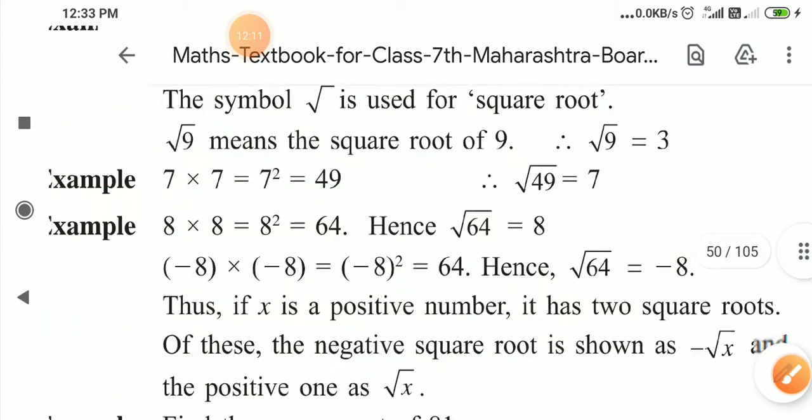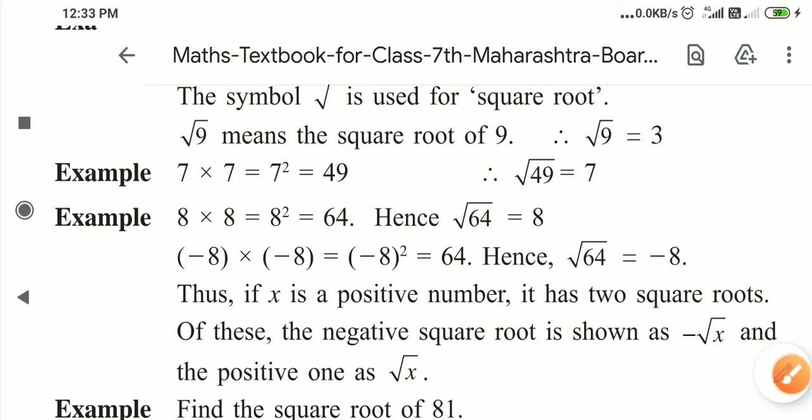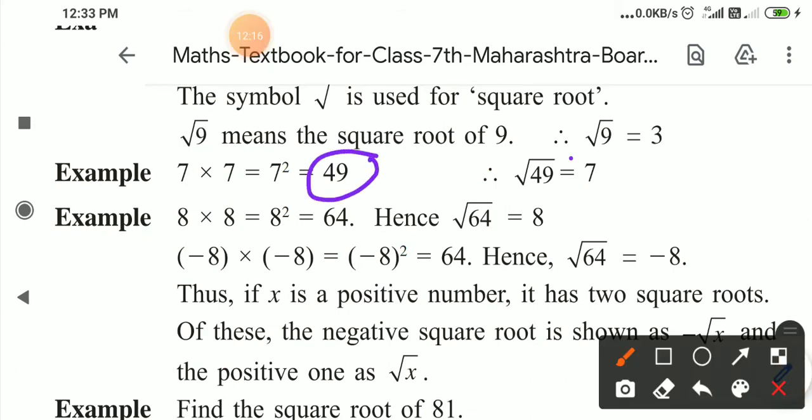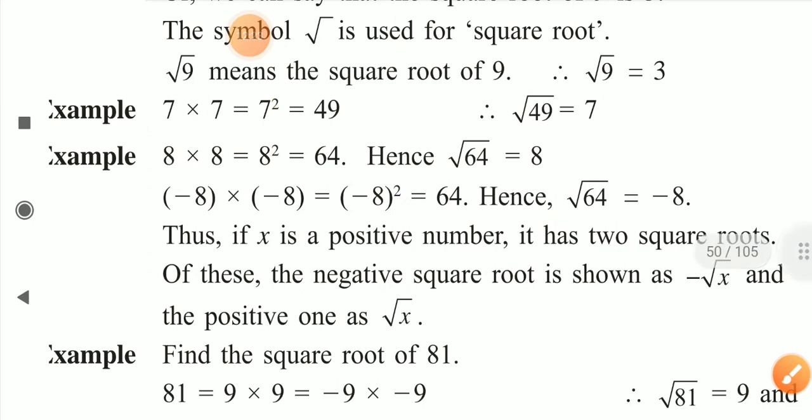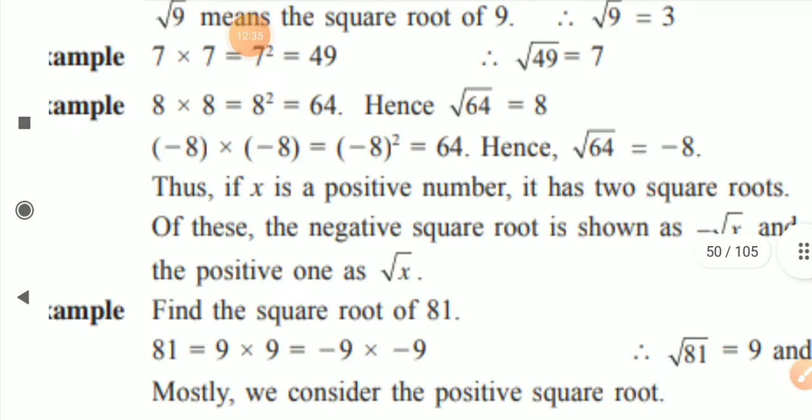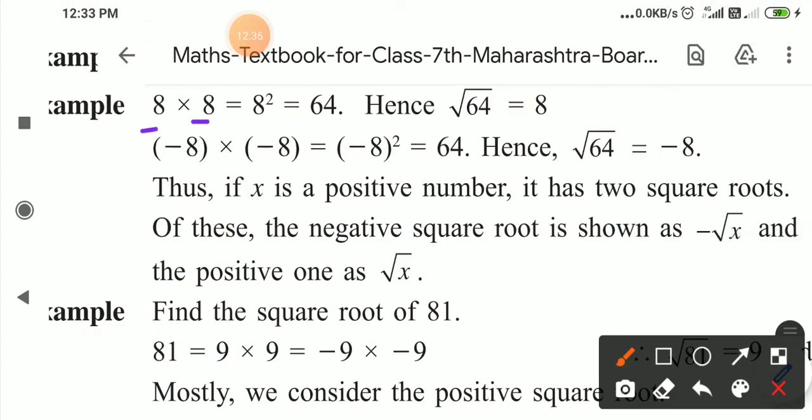Here one more example is given. 7 into 7 means 7 square is 49, and under root 49, the square root of 49, is 7. Then 8 square is 8 into 8, which is 64, and the square root of 64 is 8.